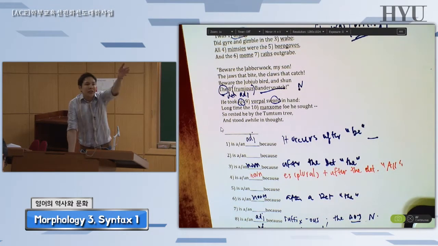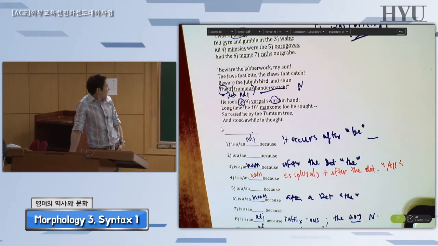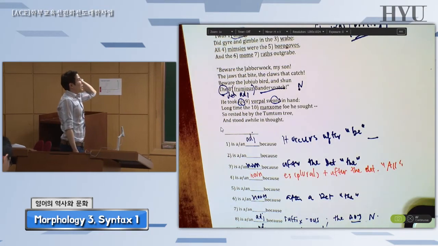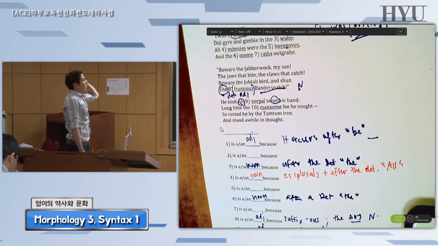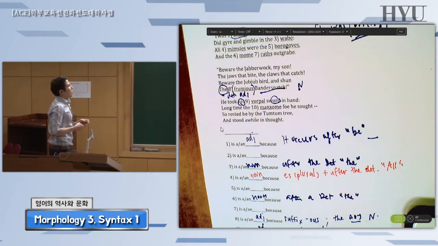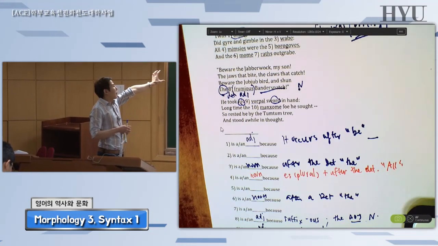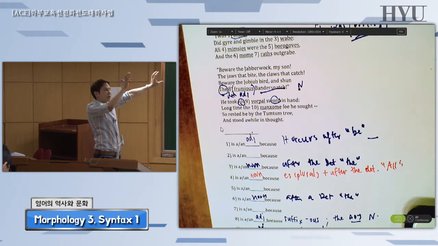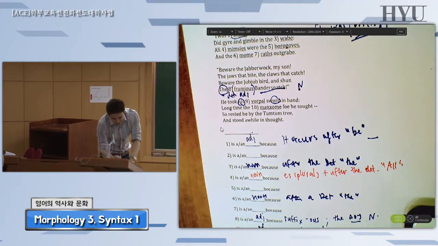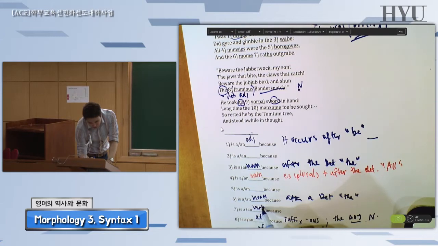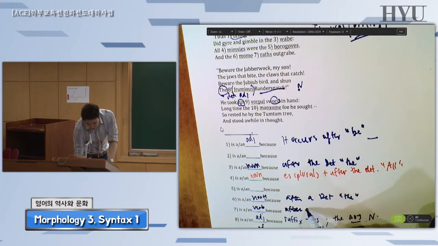So who would like to? Yes. Number 7. Yep. Rats. What is it? It is a verb because in front of 7, it is acting as third person subject. Yeah. So the mom is a noun, and what follows a subject noun should be a verb, right? So 7 could be a verb because it's after a nominal subject.